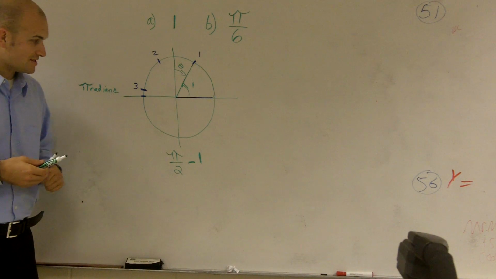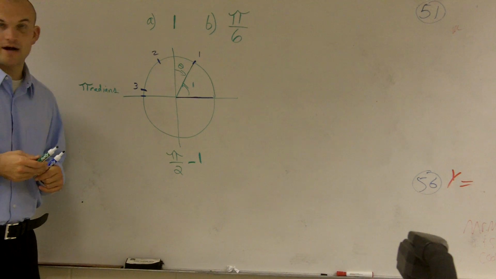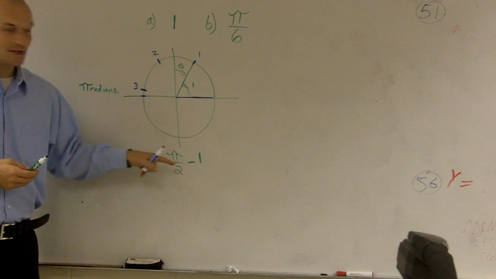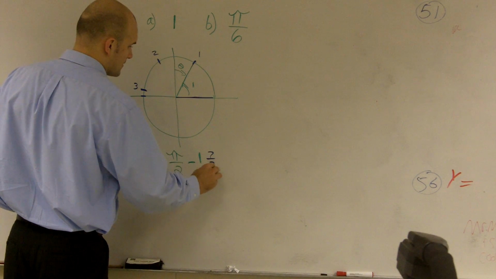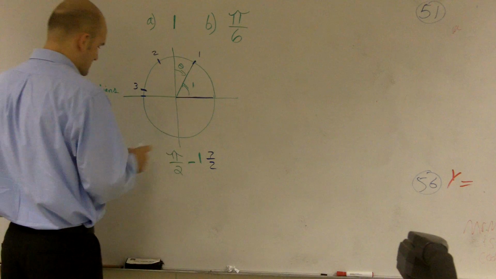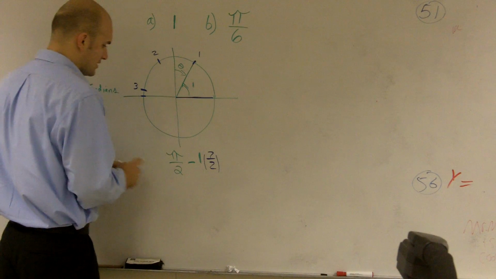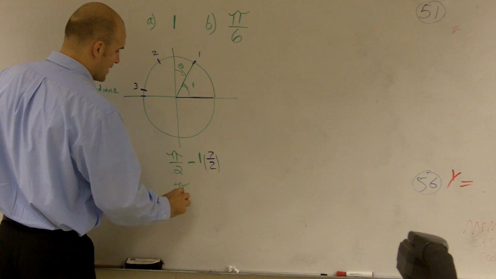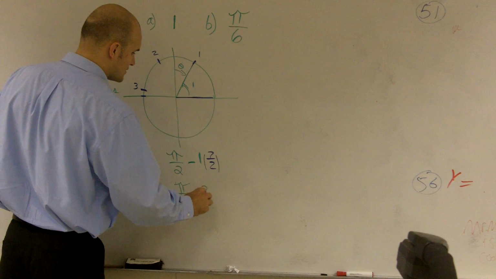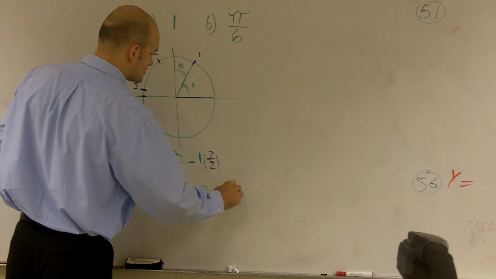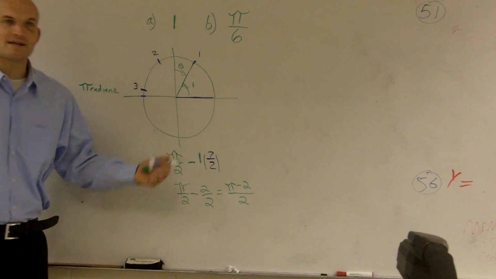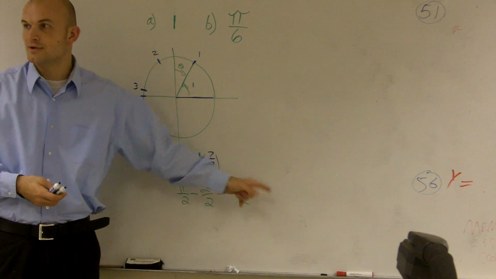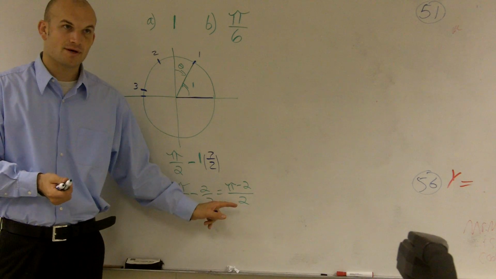And then obviously you look at this, you say, oh, well, how do you do pi over 2 minus 1? Well, one thing I can do is I can make these two the same fraction, so I can multiply by 2 over 2. All right, and I don't have a calculator to approximate this. But therefore you have pi over 2 minus 2 over 2, which equals pi minus 2 divided by 2. So if you have a calculator, you can just do pi minus 2 divided by 2, okay? And that'd be your answer.